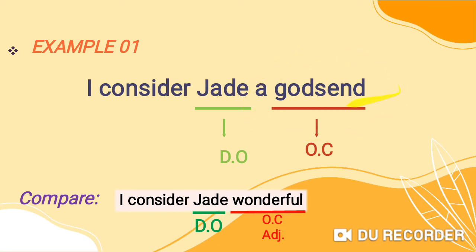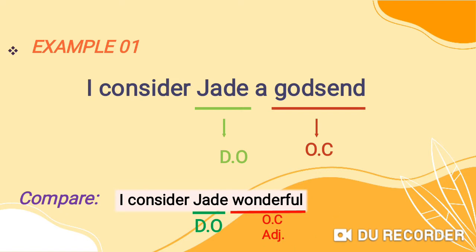This is the noun phrase. And let's compare to the same sentence but in the form of an adjective phrase. We have: I consider Jade wonderful. Jade here is the direct object, and wonderful here is the object complement but in an adjective form.